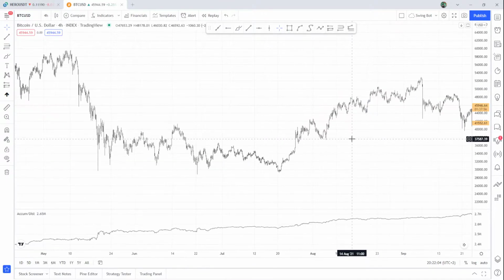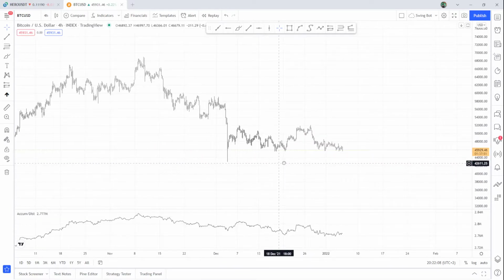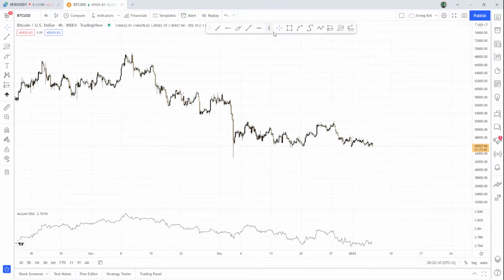For example, on BTC we had months, and right now on BTC this is another accumulation zone. So you can trade the range.